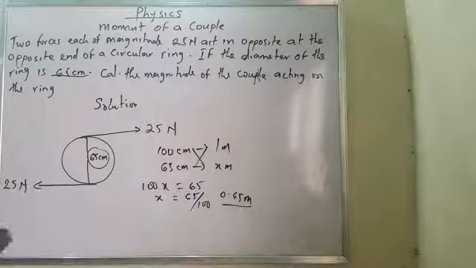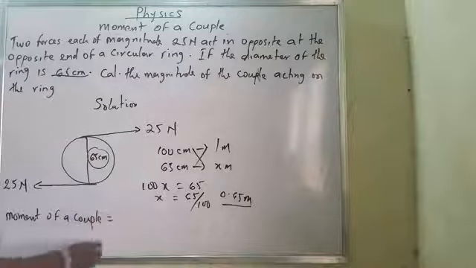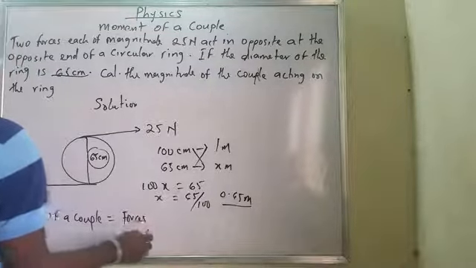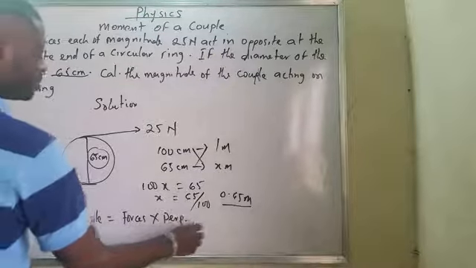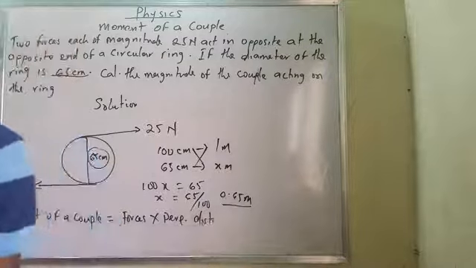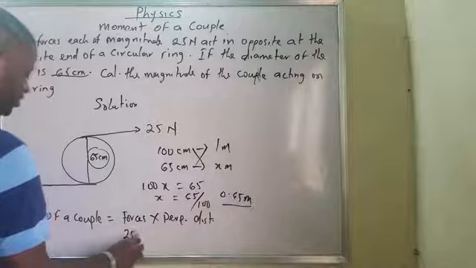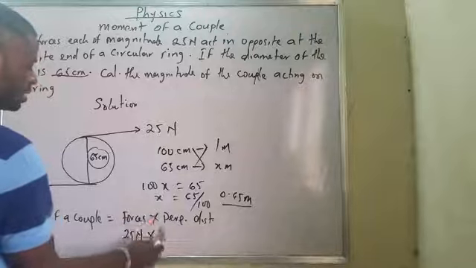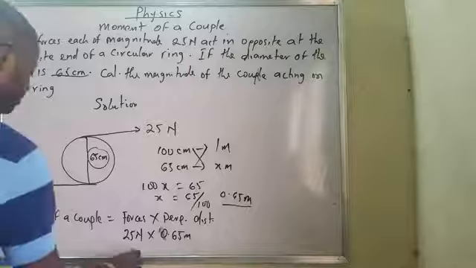Now I will say that the moment of a couple equals force multiplied by perpendicular distance. This is my distance. My force is 25 Newton, multiplied by 0.65 meter.